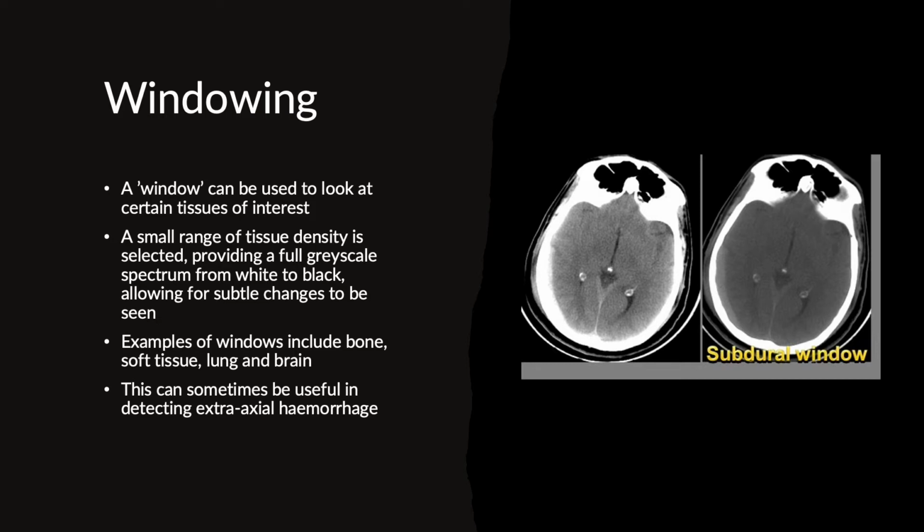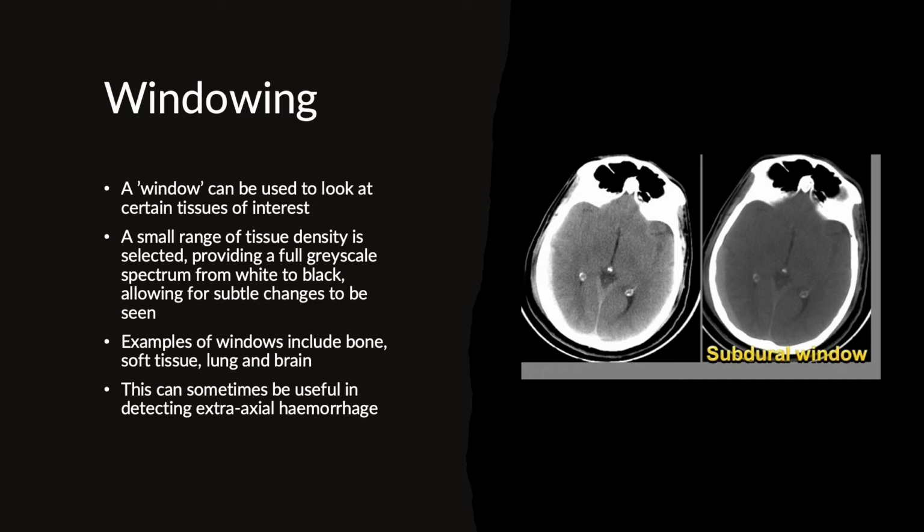So -200 will appear completely black when you've applied the window. Likewise, +200 will appear completely white, whereas with a normal CT, that would normally be +1000 to appear white. So that allows you to detect more subtle changes.